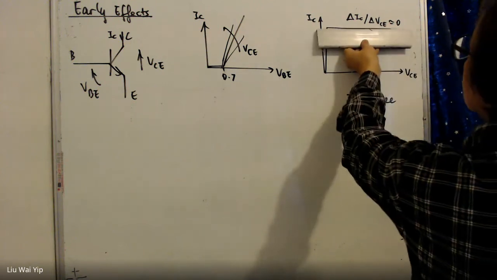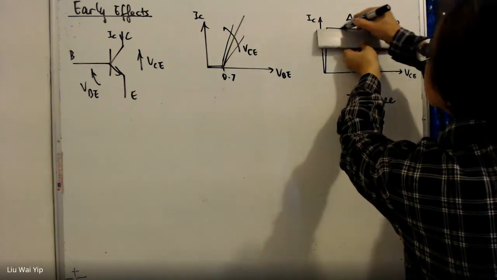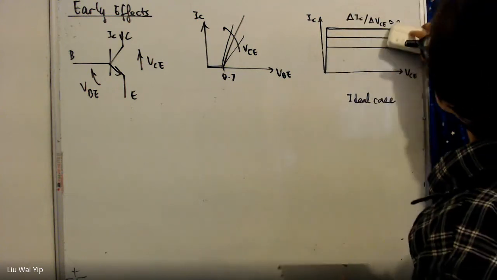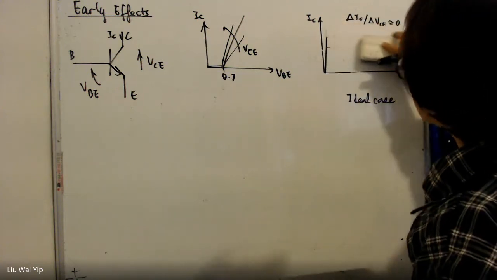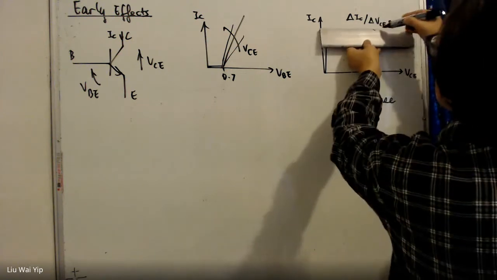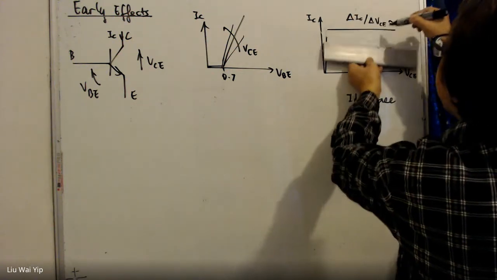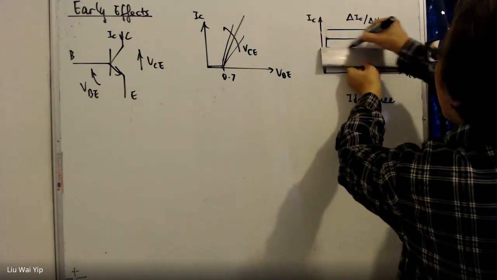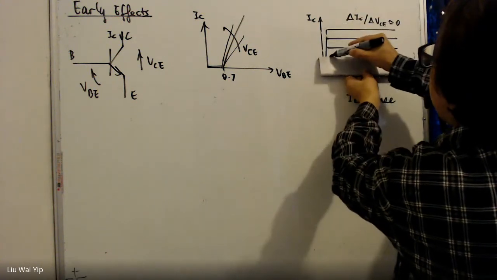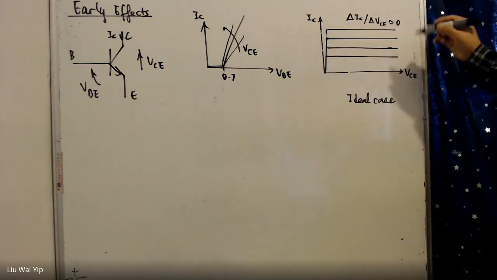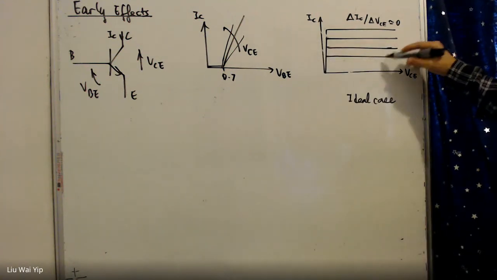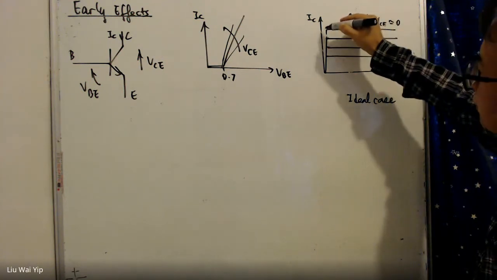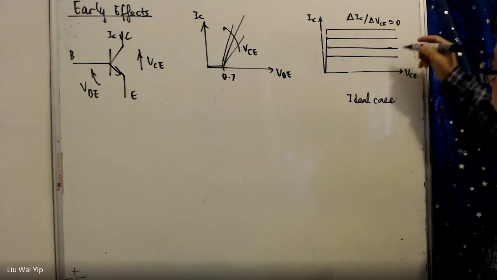The region here is flat. At different values of VBE, you end up with a complete flat line in the active region here.